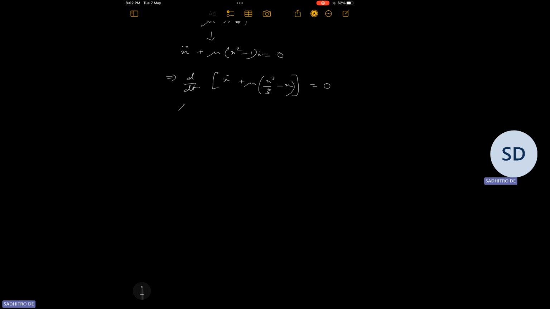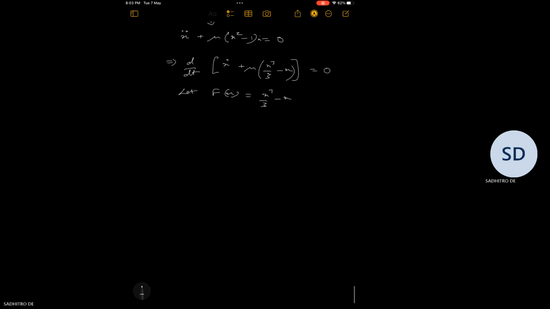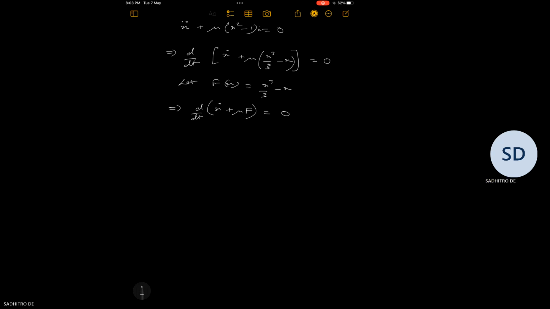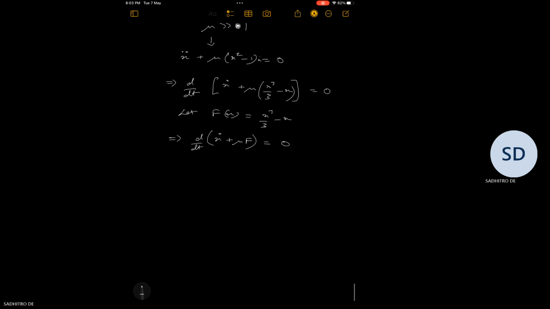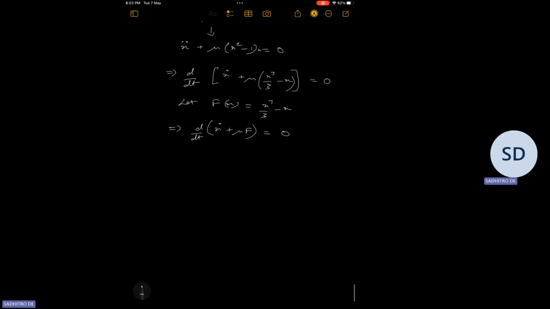So we define quantities f of x equal to, then this basically implies that d/dt of zero. But it is not always correct to neglect this term.